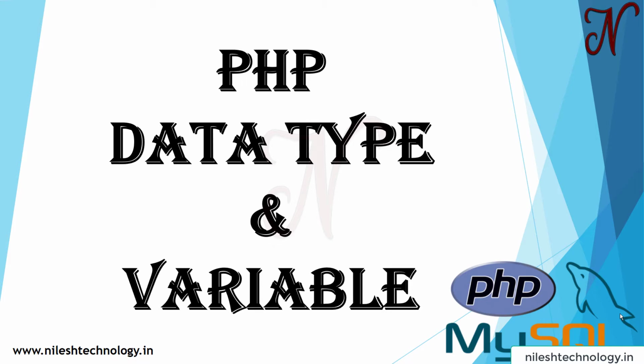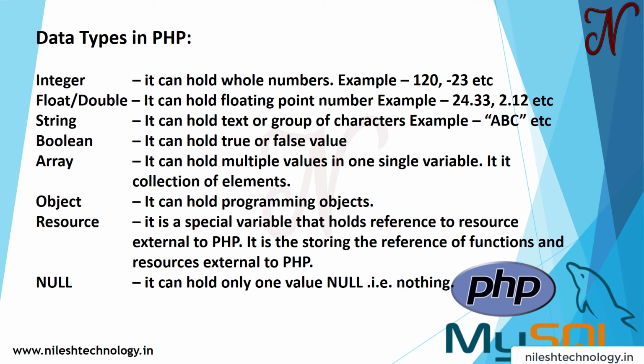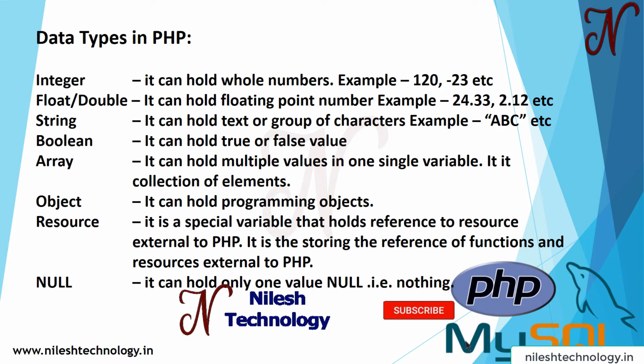In this video we are going to see the PHP data types and the PHP variable. First we will see what the data types in PHP are. There are different data types in PHP. One advantage in PHP is that there is no need to define a data type before every variable.